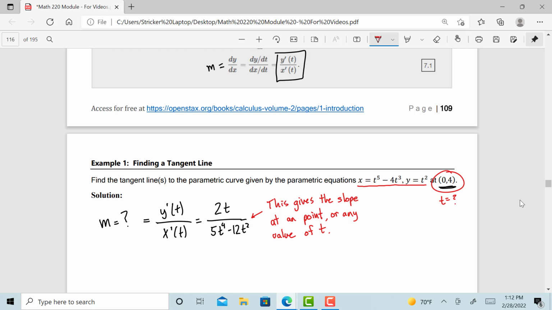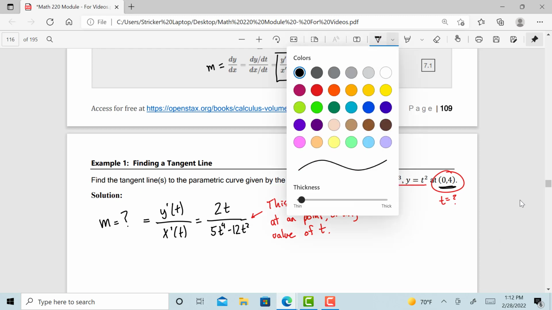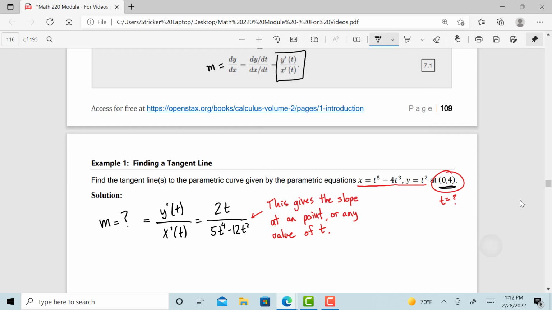So, for example, if we take our x equation, we have x equals t to the 5th minus 4t cubed. Well, if we're trying to figure out the point 0, 4, we know that x is 0. So we can say 0 equals t to the 5th minus 4t cubed. How do we solve a polynomial equation like this? Well, we usually want to factor.